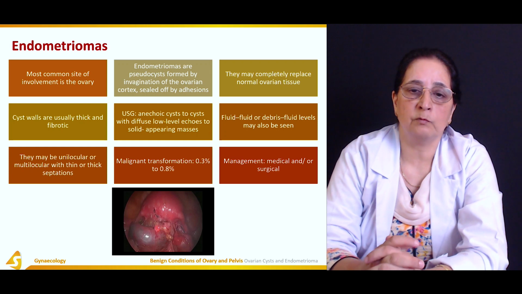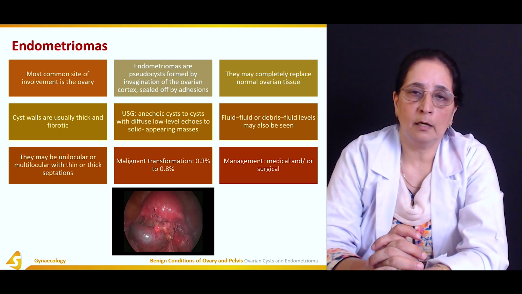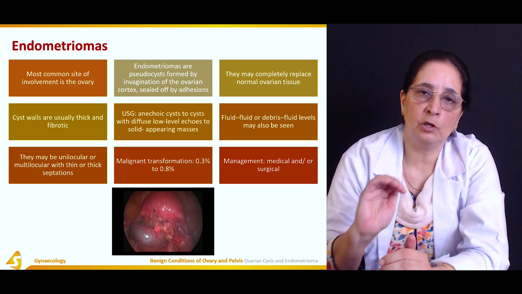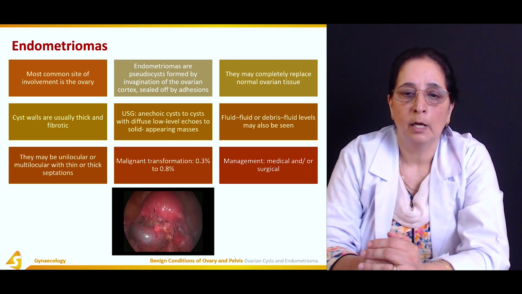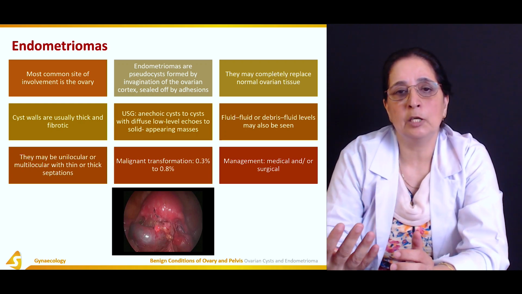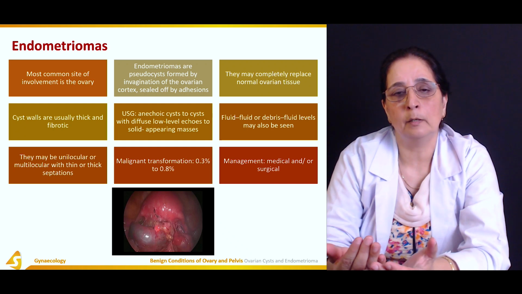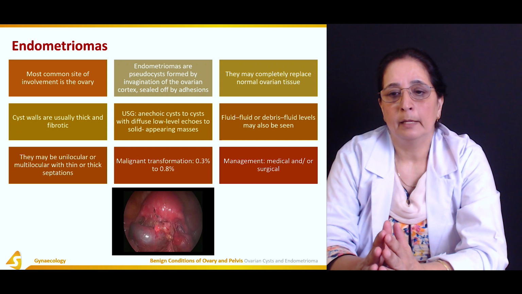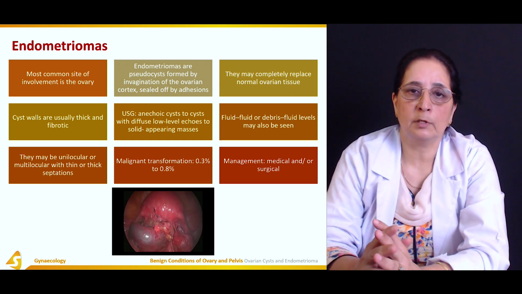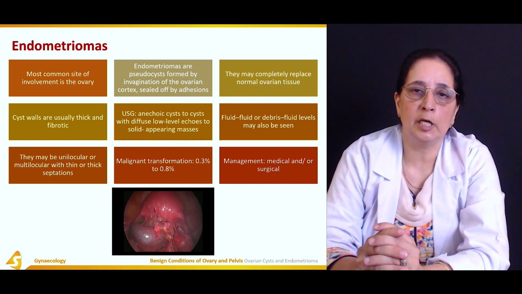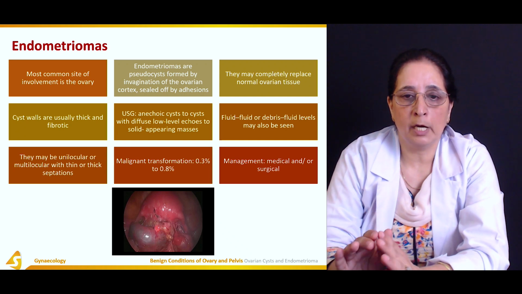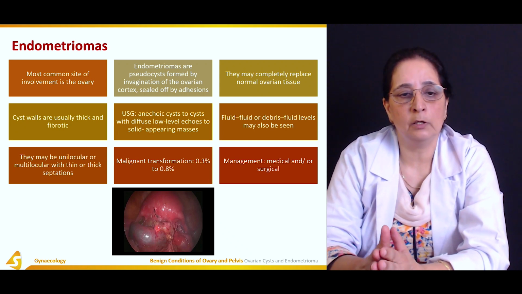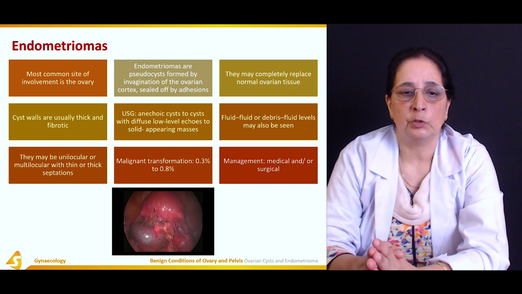So pseudocysts, false cysts, and they are caused by the invasion of the ovary stroma, and this ovarian stroma then is encircled by the adhesions forming the cyst shape. They may sometimes completely replace the ovarian tissue. They can invade and cause replacement of the normal ovarian tissue.